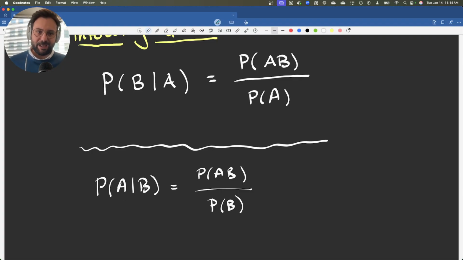Again, the probability of A given B: the probability of observing this biomarker for healthy or non-healthy pregnancies.